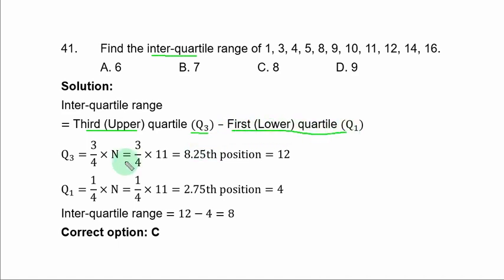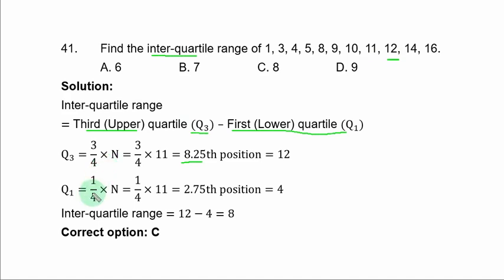Now Q3 simply means 3/4 times the total distribution. So here we have 11 data points. You have 3 over 4 times 11, and that gives 8.25 position. That means after the data in the 8th position, because of the fraction, you shift to the one in the 9th position, that is 12.